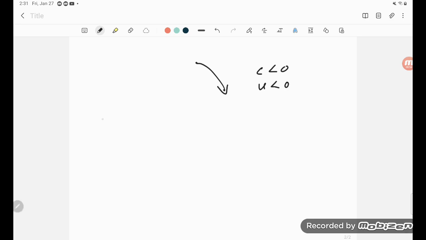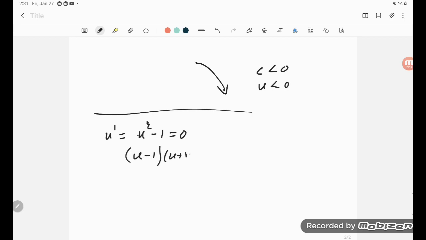In the last video, we had u prime equals, say, u squared minus 1. Well, if I set that equal to 0, I get that u minus 1 times u plus 1 equals 0. So u minus 1 equals 0, or u plus 1 equals 0.